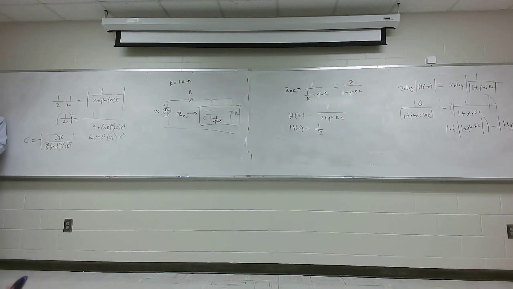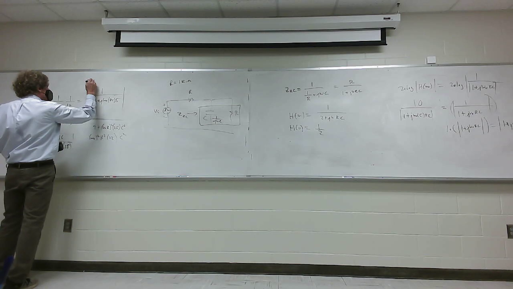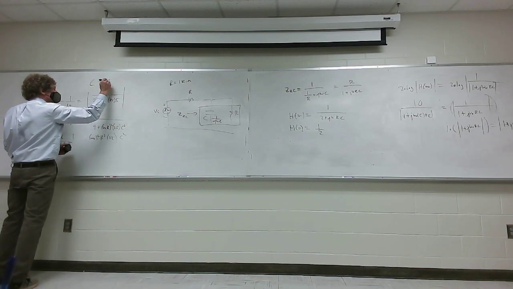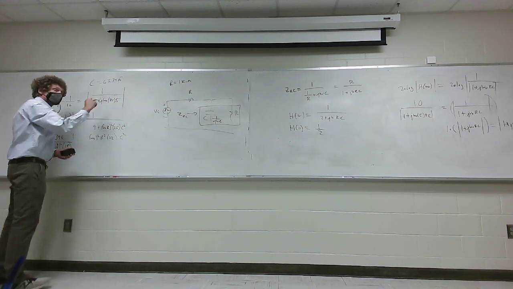I spent way too much time on this. Anybody? If you got a calculator? Yeah, that's right. What is it? It's 63.34 picofarads. C equals 63.34 picofarads.